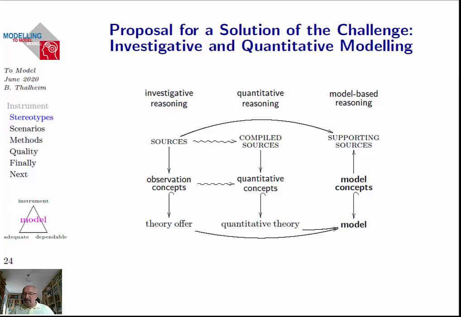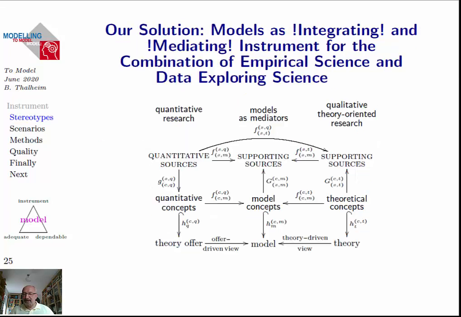What is inside the micro level is, however, often not really possible to understand. For this reason, we still start with the observations and the sources we have, with the proxies we have in this case. That means you could say, okay, fine, we can now put the model and the model concepts between quantitative concepts and qualitative concepts or theoretical concepts.